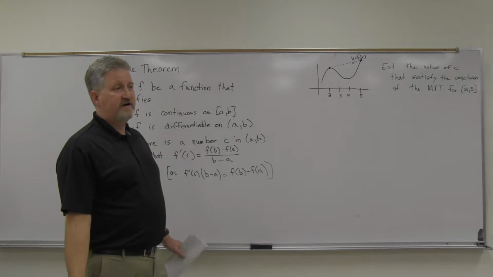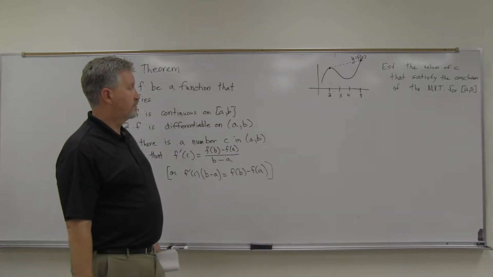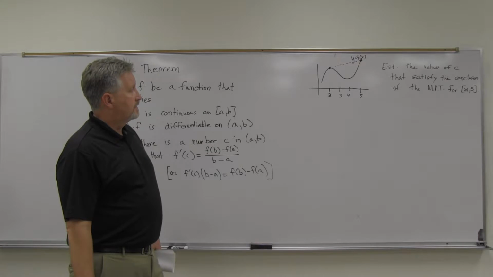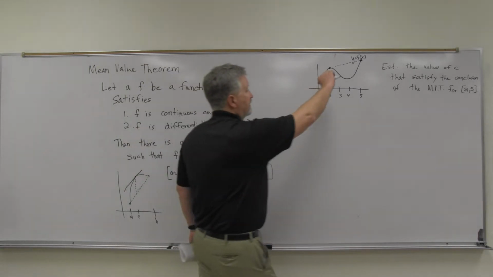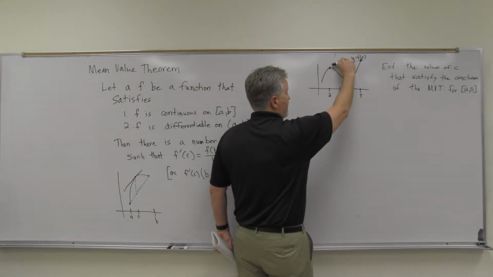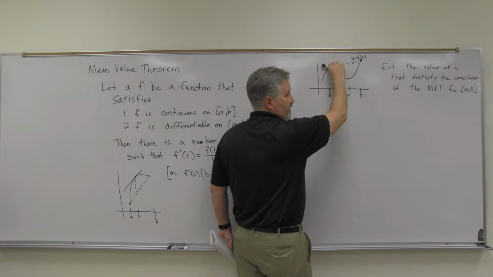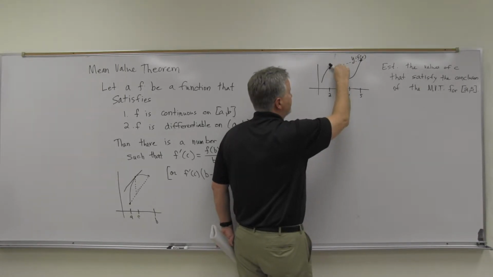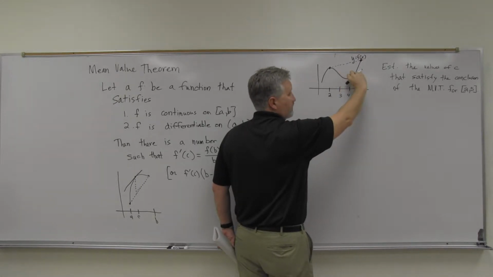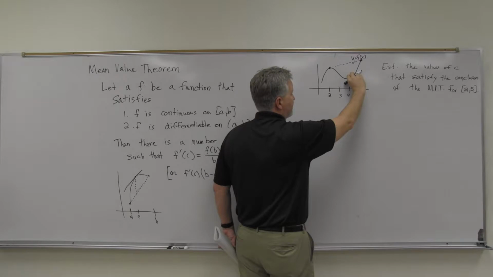I want to find a c value, and if there's more than one, we'll use it. In this case, I want to find a tangent slope that matches that. So you just think your way around. If I drew in a tangent here, that's not going to be it. If I drew one around here, obviously no. I've got to get along on this side, don't I? It's got to be somewhere over in here.